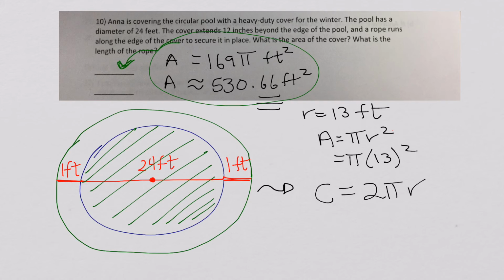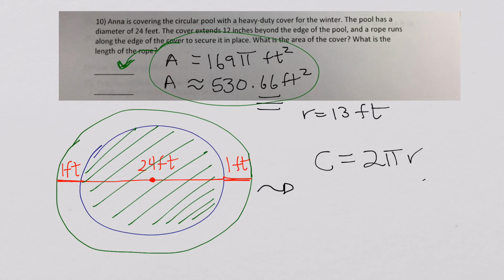Okay, we're done with area, so I'll get rid of this. So we have 2 pi r. If we plug in our 13 feet that we found earlier, we have 2 times pi times 13, which is going to be 26 pi. Once again, that's our exact answer.